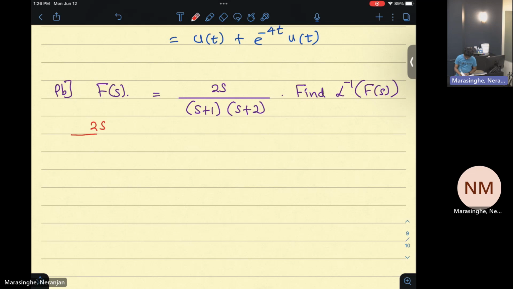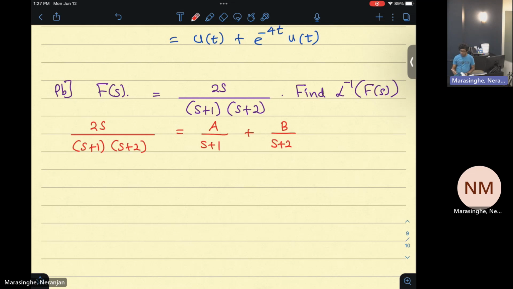So s divided by (s plus 1)(s plus 2) is equal to A divided by s plus 1 plus B divided by s plus 2. You have to solve for capital A and capital B. So how do you solve for them?